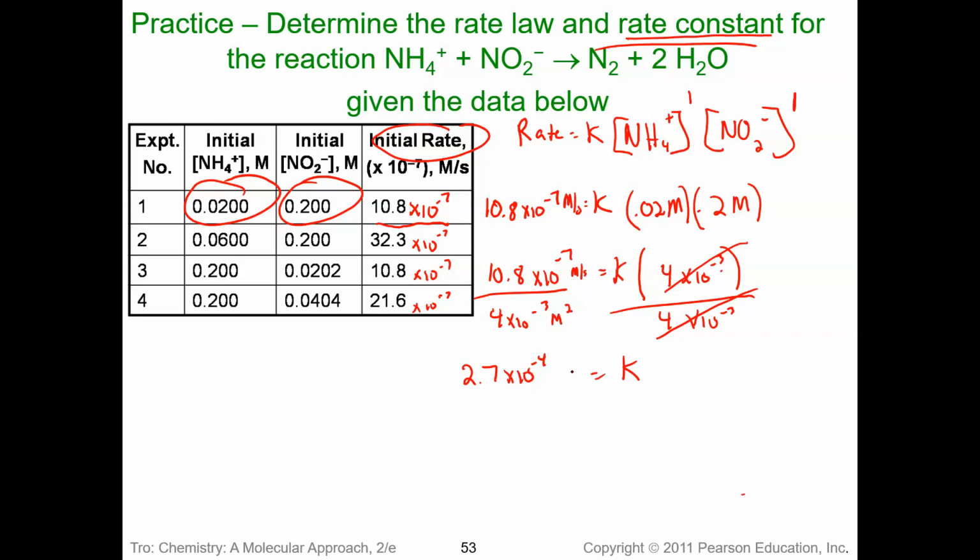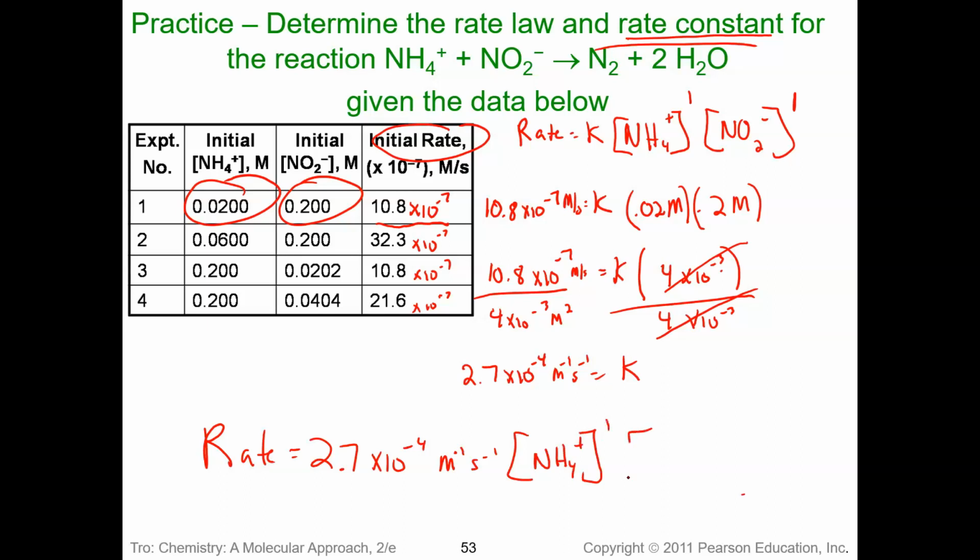So this K's units will end up being M to the negative 1, s to the negative 1. So what is our rate law? Rate equals our K, which is 2.7 times 10 to the negative 4, M to the negative 1, s to the negative 1, times NH4 plus to the 1 times NO2 minus to the 1.